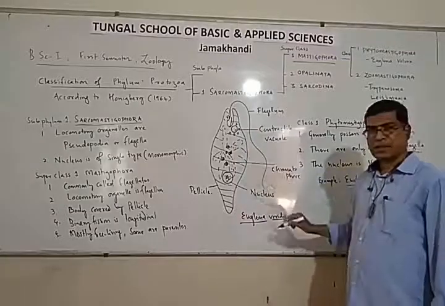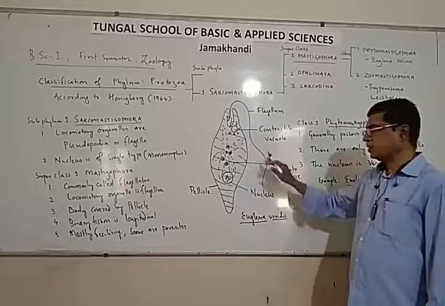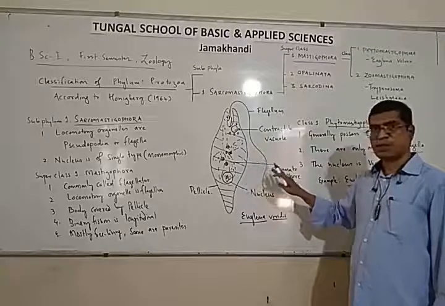Euglena is a freshwater form. It is solitary, it doesn't live in a colony.